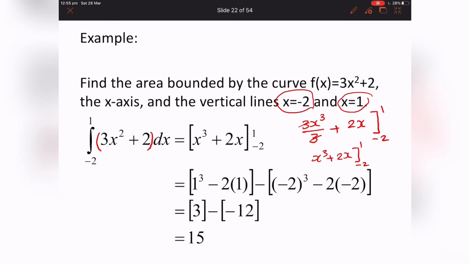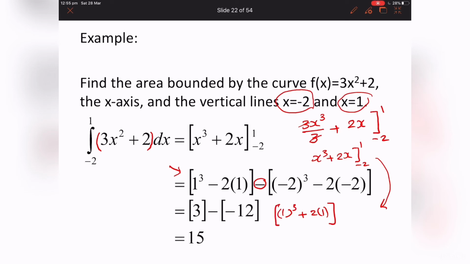Now what we need to do in this step is replace each x by the upper limit, which is 1, and minus, replace x by the lower limit. So this is going to be 1 to the power 3 plus 2 times 1.